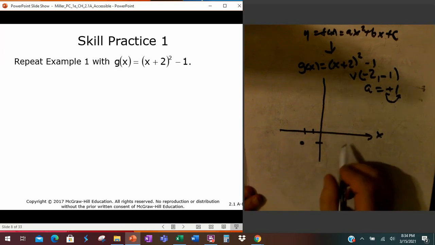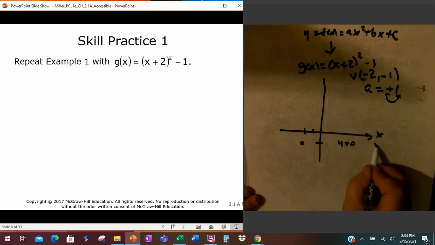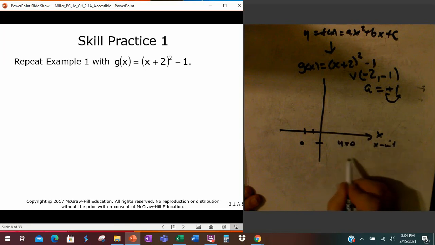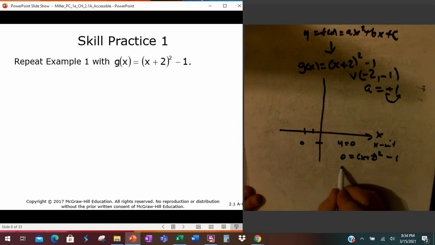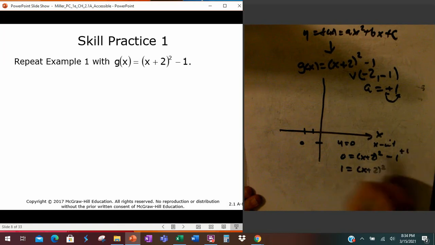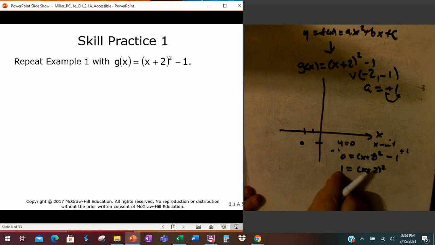Okay, so let's find those, and we find this by setting y equal to 0 for our x-intercepts. So 0 is (x plus 2) squared minus 1, and then we're going to do the very same thing. Add +1 to both sides. That gives us there.